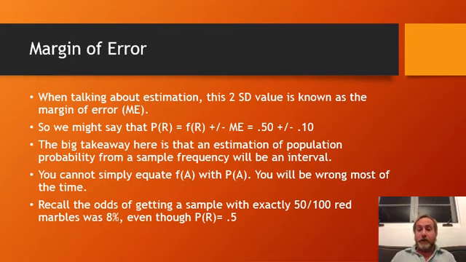So you certainly cannot simply equate the relative frequency you find in your sample with the probability in the population. You're going to be wrong the vast majority of the time, because recall, the probability of getting exactly 50 out of your 100 red is only 8%, right? So that's why we're going to be talking about intervals, about ranges of possible values.